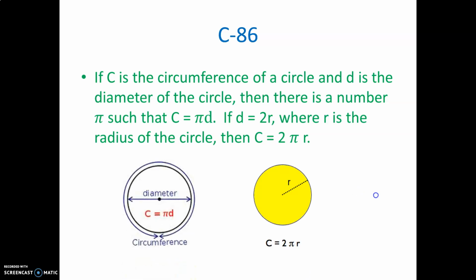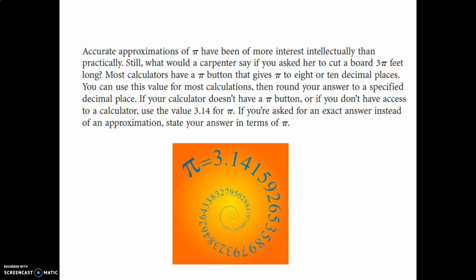This is just another form of the formula. And on this page it says, if you're asked for an exact answer, state your answer in terms of pi. If my answer is 5 pi, that is a more exact answer than going 5 times pi on my calculator and getting some decimal number.